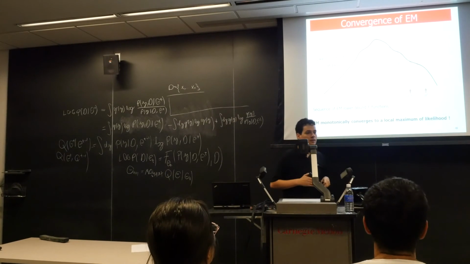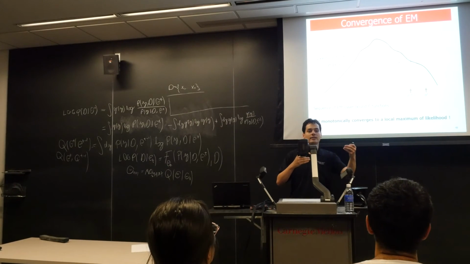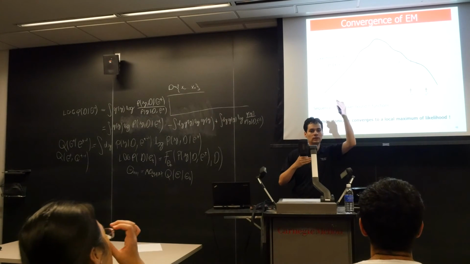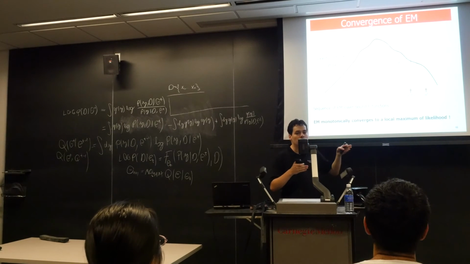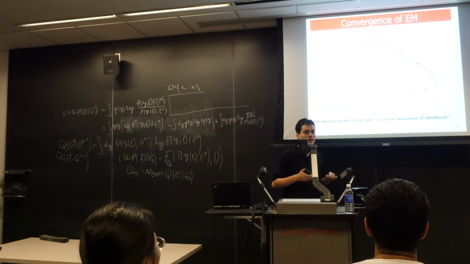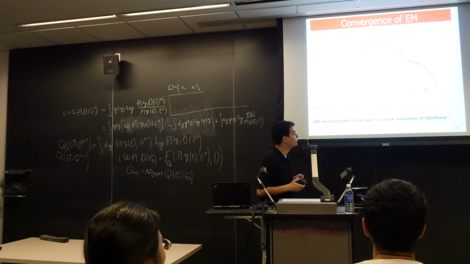Does it make sense? So the free energy is always below the likelihood function. But if you choose the Q function right in the free energy, then that free energy will touch the likelihood function. And that's why if you optimize the free energy, somehow it will optimize the likelihood function. Did it help? Good.